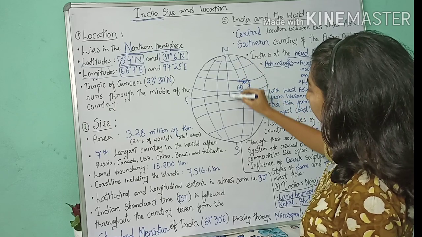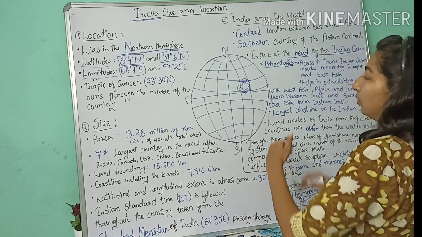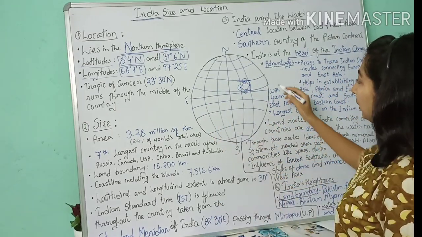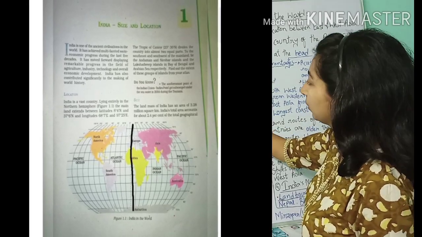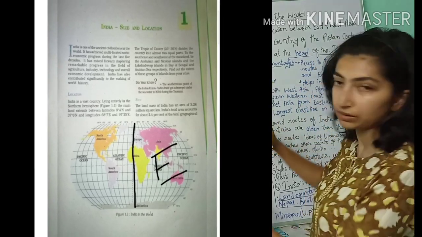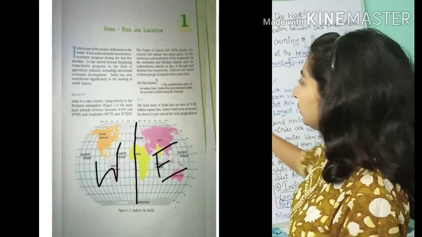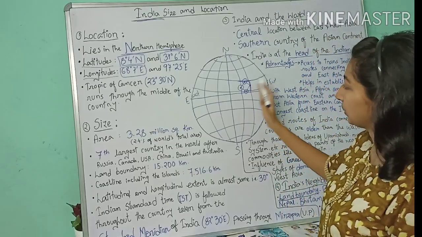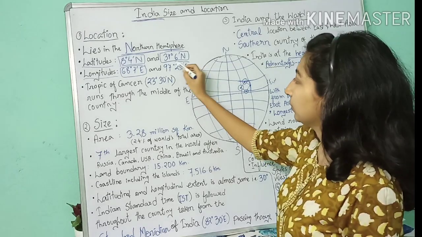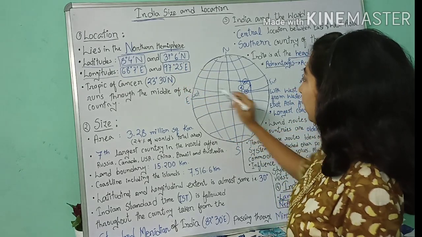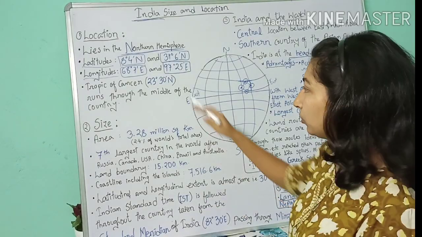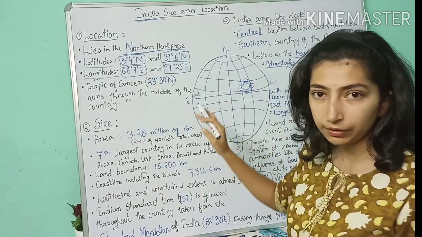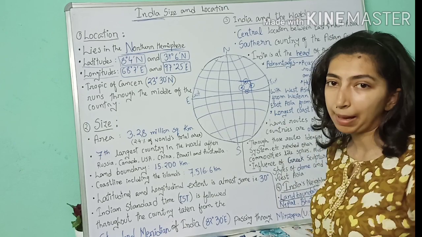If you divide the earth into eastern and western zones, then this will be the east and this will be the west, isn't it? That's why this one is east, because we are on the eastern side. And 97 degree 25 east is this one. So I hope you got an idea about the latitudes and longitudes of India. For further you can see the map. Okay.